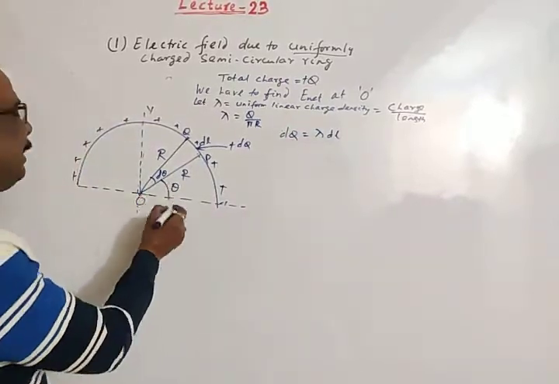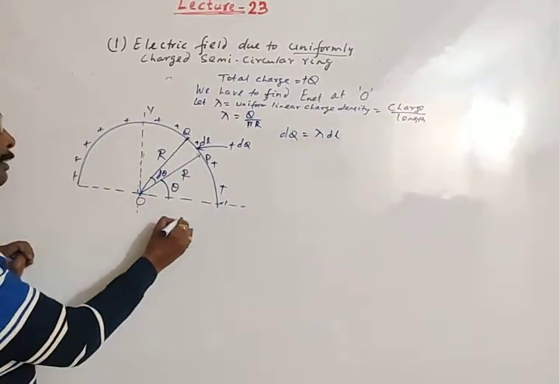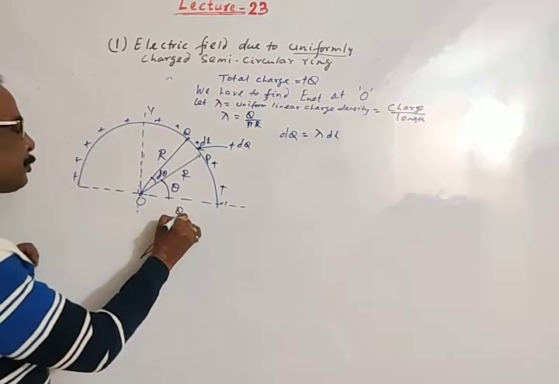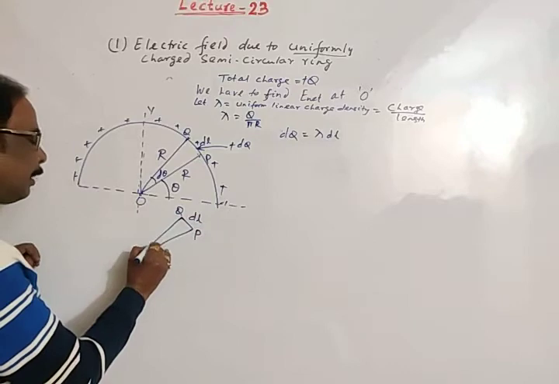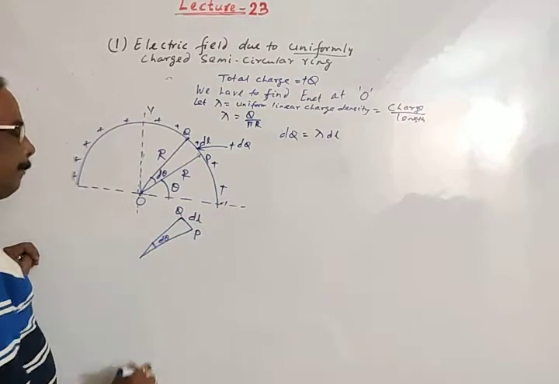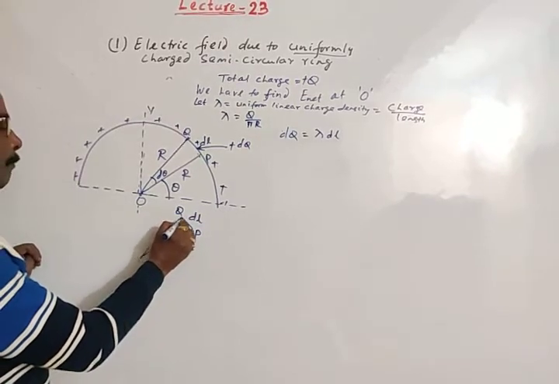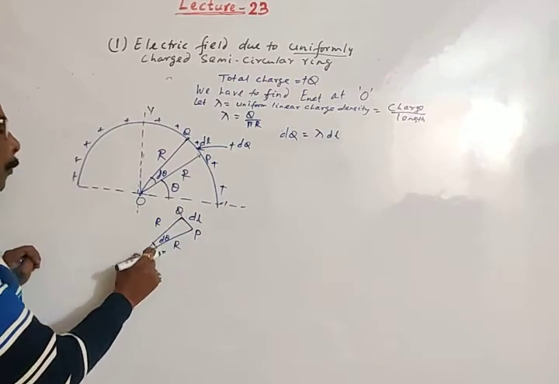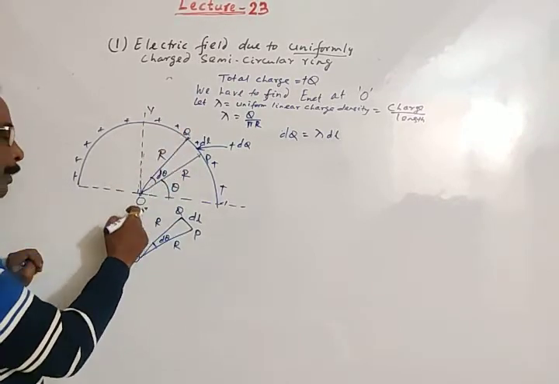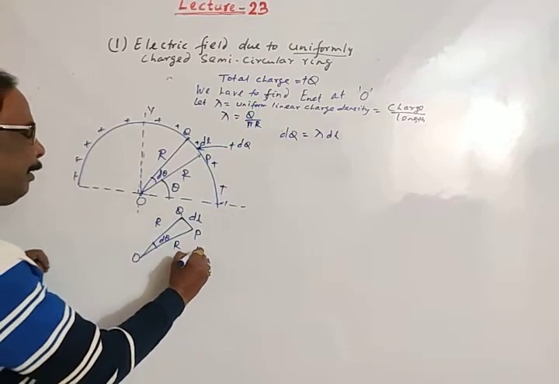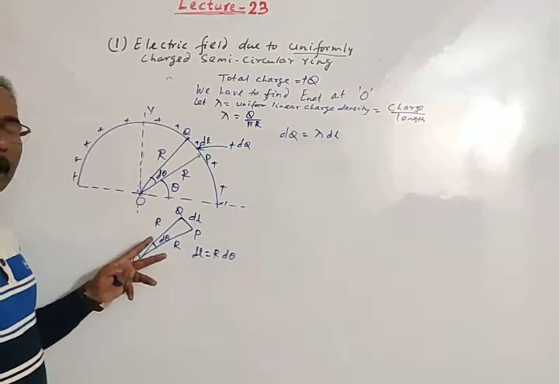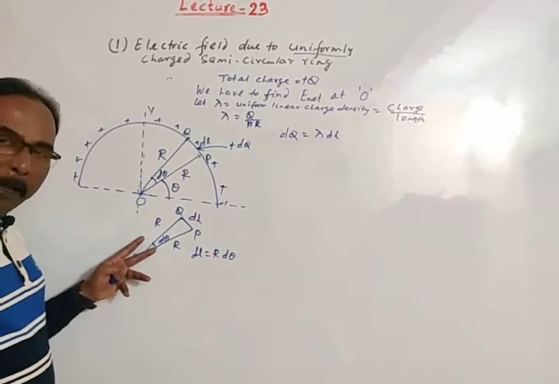But here let's consider this triangle. This is P, this is Q, this is dl, this angle is d theta. This is O, OP is R and OQ is R. Then here dl is equal to R into d theta, considering this angle d theta would be very small.